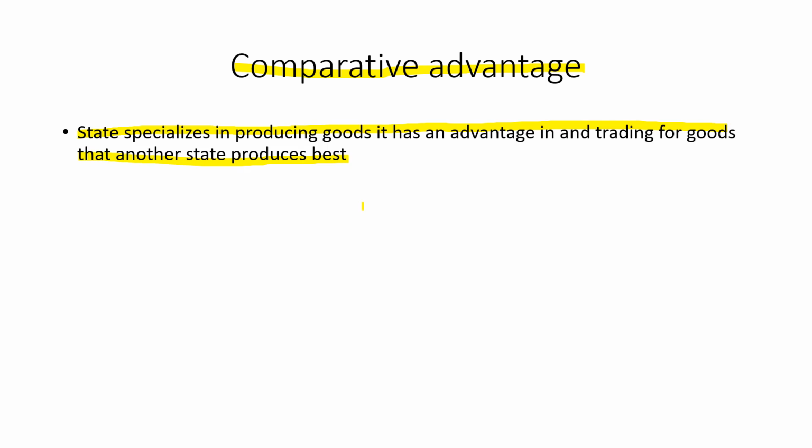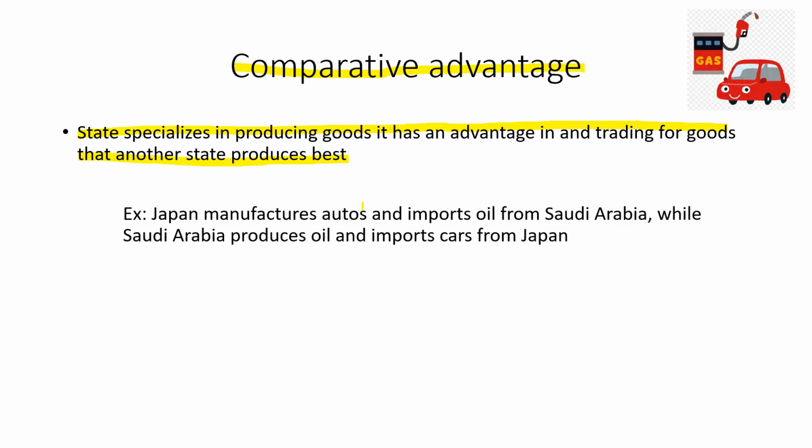Let's look at another example of how it's somewhat practical for it to work this way. For example, Japan manufactures autos and imports oil from Saudi Arabia. One reason for that is that Japan does not have any significant oil resources. The other side of that, Saudi Arabia produces oil and imports cars from Japan because Saudi Arabia has massive oil reserves.